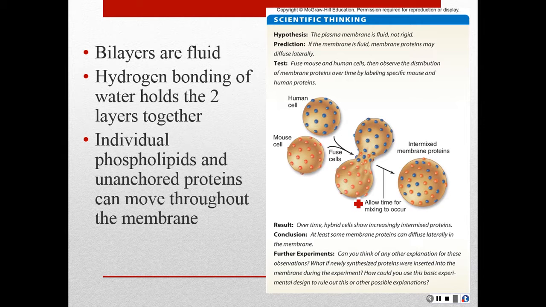So it's not going to affect the movement of the two layers, the hydrophilic and the hydrophobic areas. Because the interaction of phospholipids with one another is relatively weak, the individual phospholipids might become unanchored, and are comparatively free to move around within the membrane.